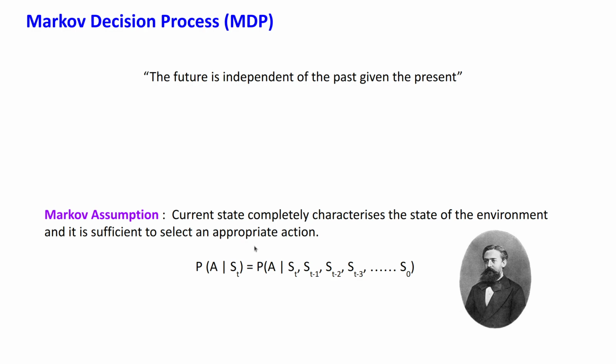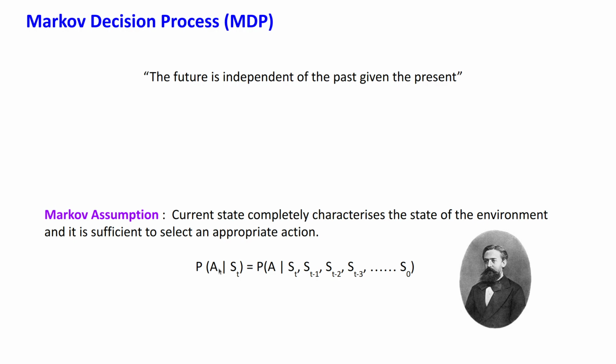So this can also be formulated using this equation. S is a state. What is the current state? Given the state information, this is the current state at timestamp t. Whatever action you take is equivalent to having all the information from S0 to St. Let me give an example.